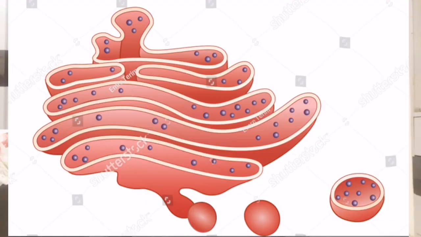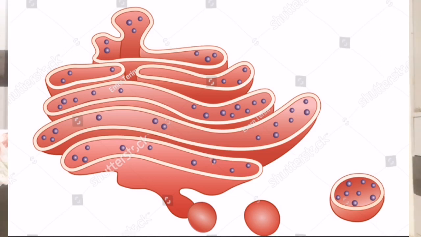Now let us first look at the structure of Golgi bodies. When we look at the structure, you see several flat tube-like structures arranged one above the other, or you can say arranged parallelly, thus forming a whole stack.